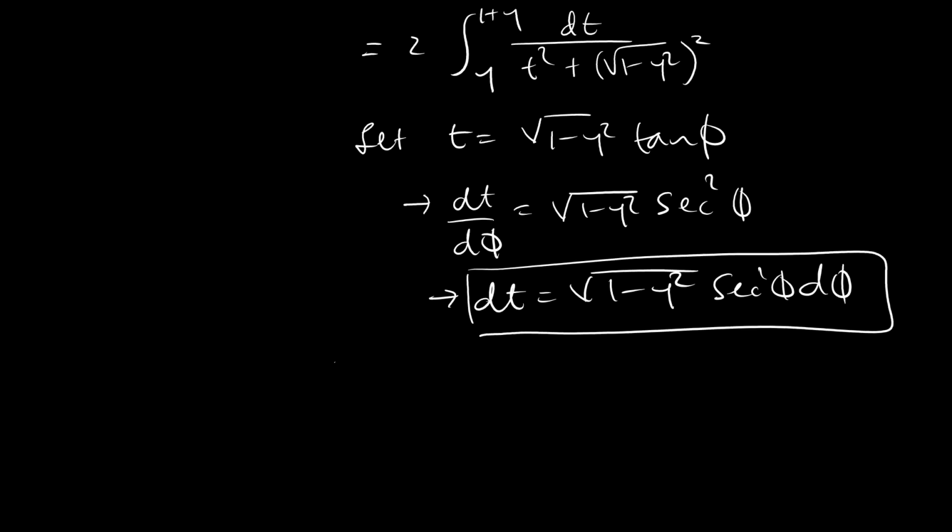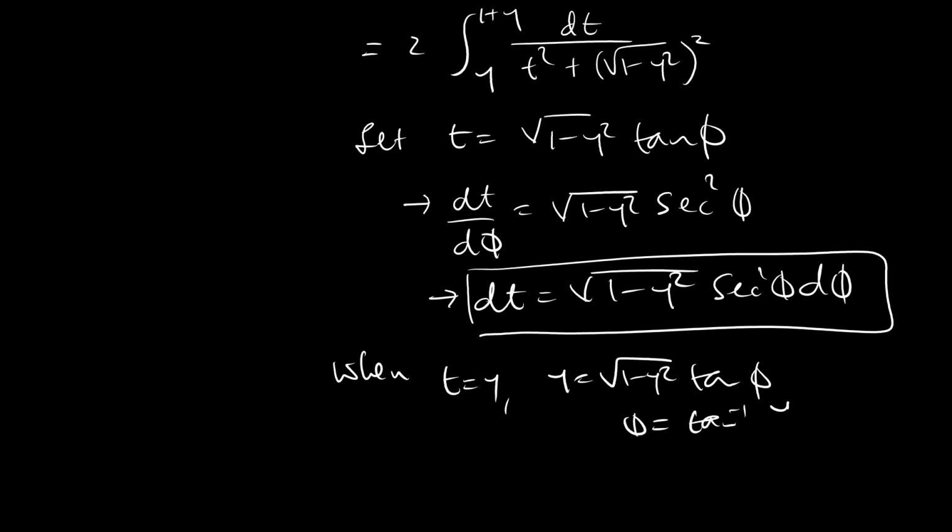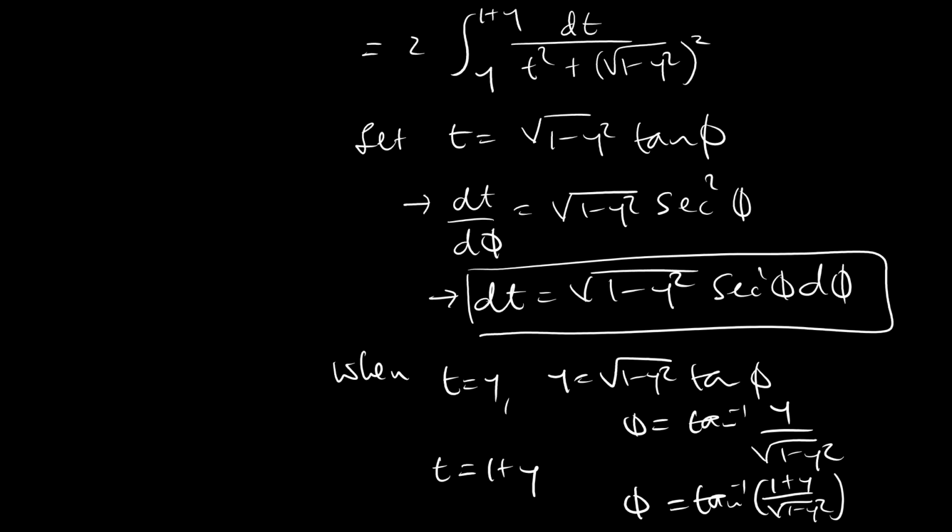And so when t equals y, that means that y equals the square root of 1 minus y squared tan phi, and so phi equals the arctangent of y over the square root of 1 minus y squared. And when t equals 1 plus y, clearly we can see that phi equals the arctangent of 1 plus y over the square root of 1 minus y squared. Okay, so what does that mean?